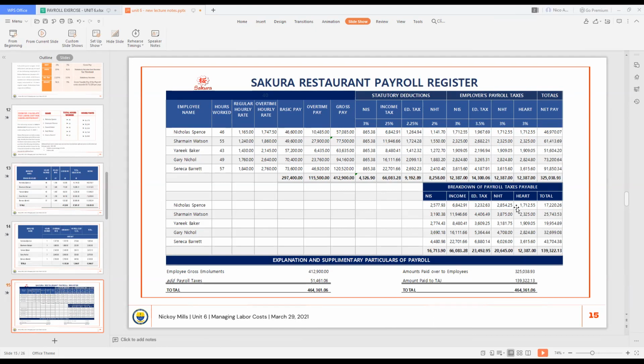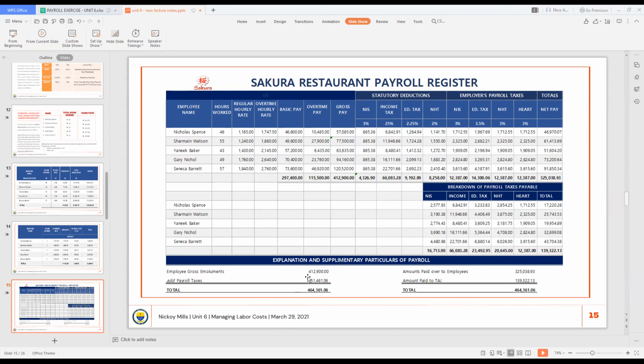So if I take out HEART, I would just add in the employer's NHT, the employer's education tax, plus the gross pay for the employee, and find the 3% of that. That is how you would find it.